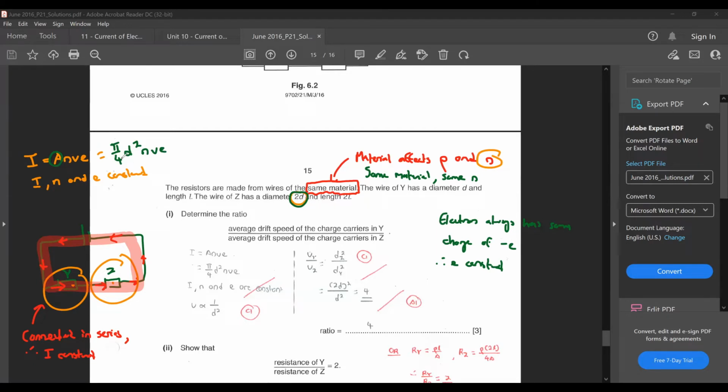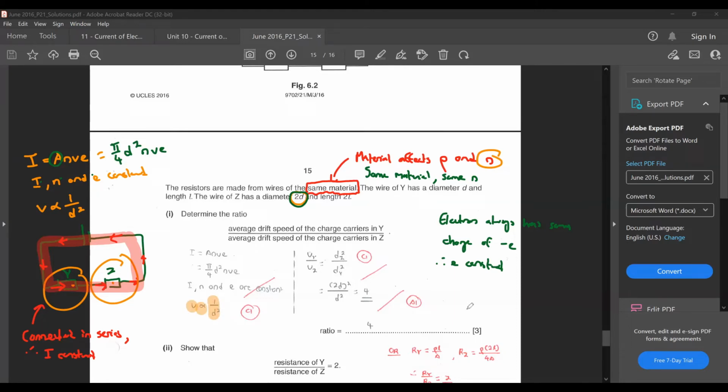You have to change it so that it's in terms of d. So the cross-sectional area is pi over 4 d squared. From here, I, n, and e are constant, so that would mean that v is inversely proportional to d squared. That's how you got this.